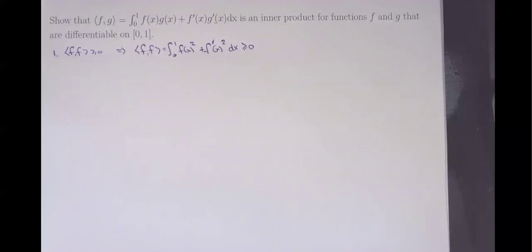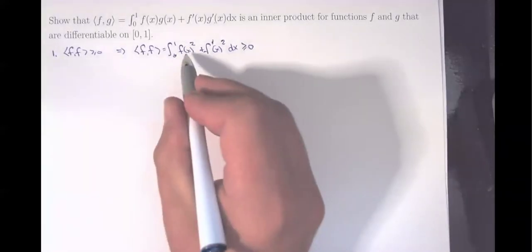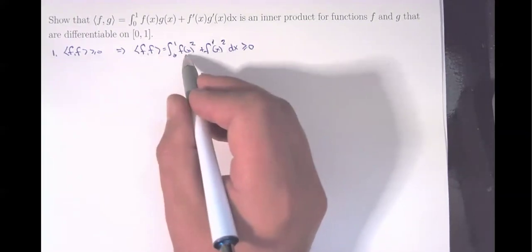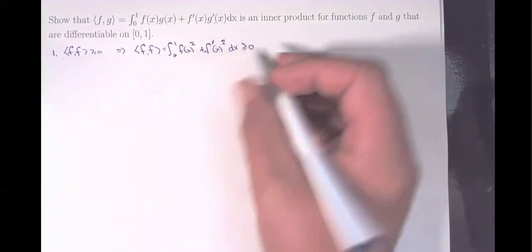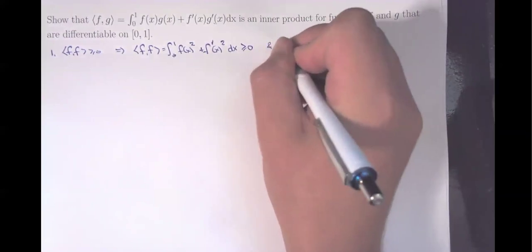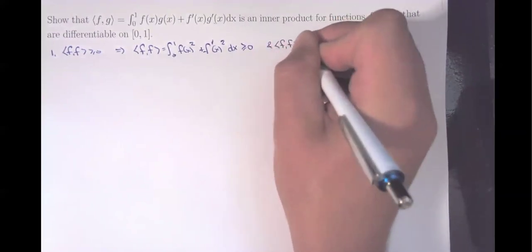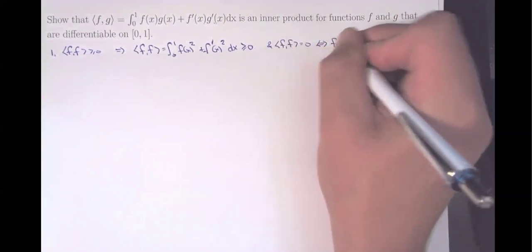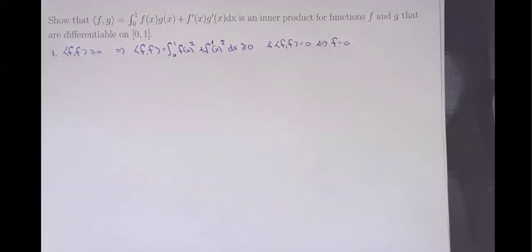Now, the only time this thing is ever equal to 0 is if both f and f prime are 0. Well, if f has to be 0, that forces f prime to be 0. And so the inner product of f with itself equals 0 only when f is 0. So property 1 is satisfied.